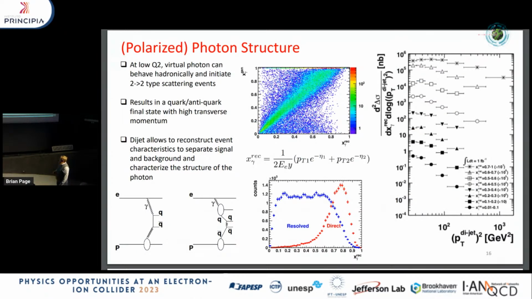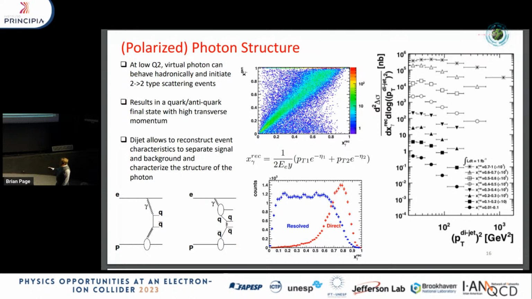Another really cool measurement, which, when I came in, was kind of a revelation to me, is that the photon actually has some structure and you can study it. Here we're going to low Q squared to get into the photoproduction regime, where we're looking at the hadronic structure of the virtual photon.